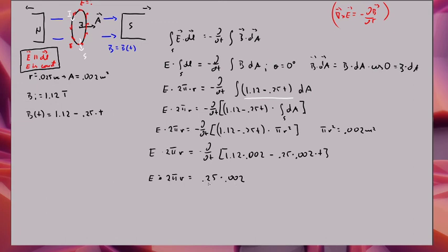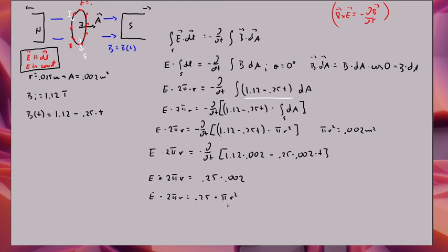I actually probably should have kept that r squared. I don't think it really matters. So electric field times 2 pi r equals 0.25, that's just the rate at which this field is dropping, times pi r squared.